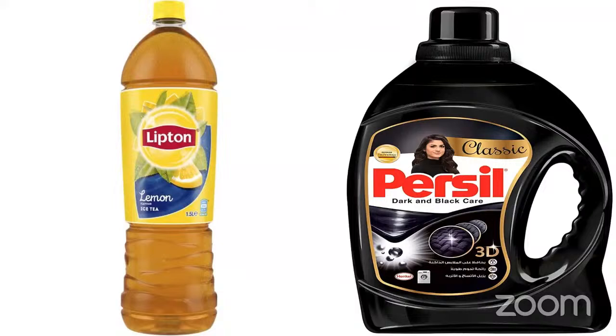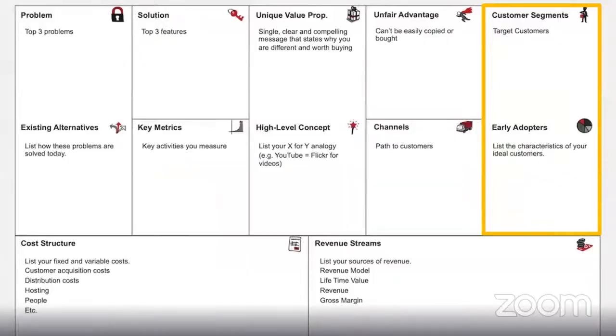The blacker what she's wearing, the more it shows how caring she is and how beautiful she is. So having the right customer segment is really crucial and important for your business.